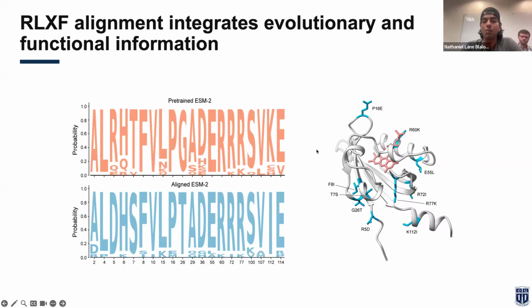And so that 1.7x 10 mutant variant that I introduced earlier is shown here. You can see all of the different mutations that the model put into the wild type sequence. Some of these mutations are very familiar to us, including T7S, G26T, R5D.